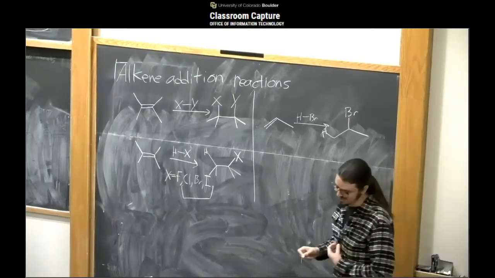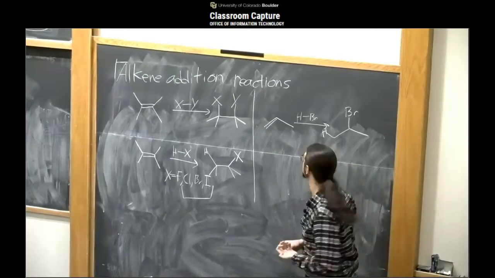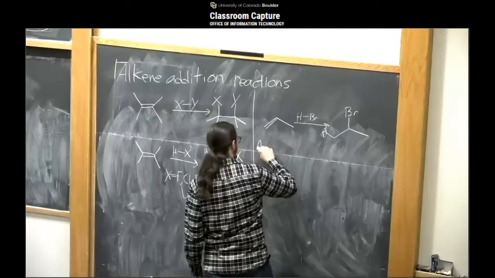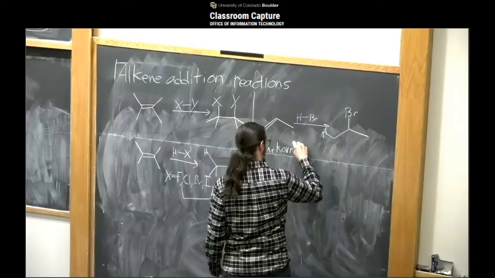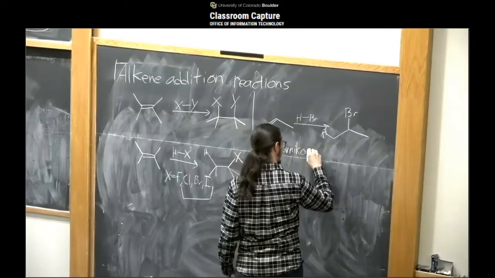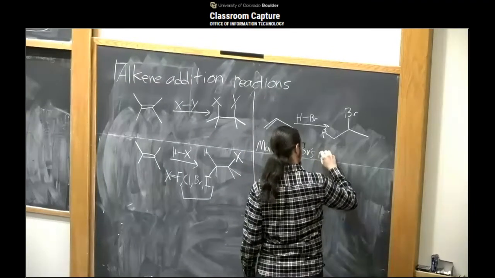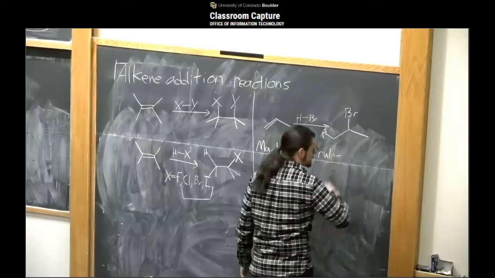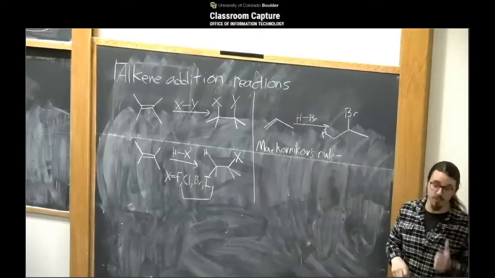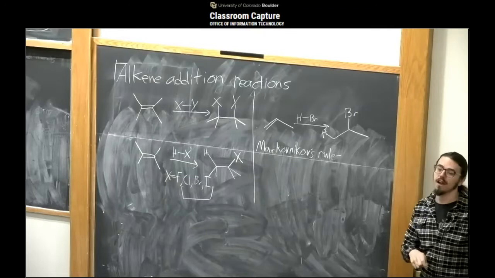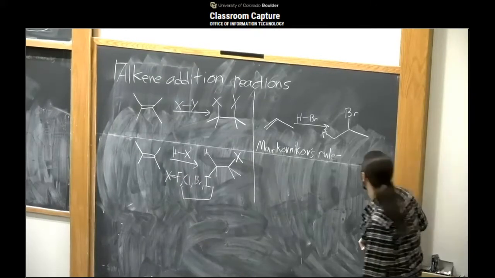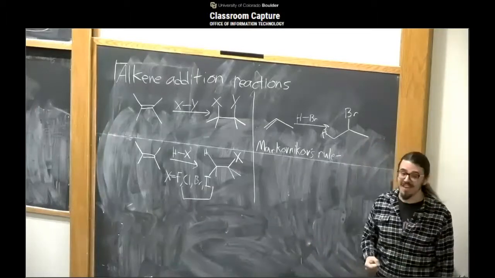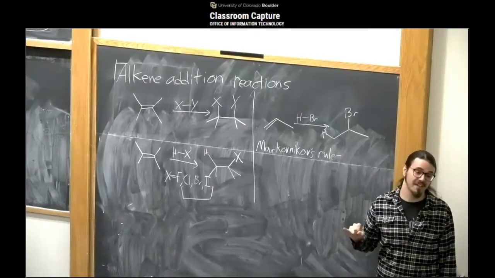This is an observation known as Markovnikov's rule. So Markovnikov's rule more or less states that if you're doing an addition reaction to an alkene, the non-hydrogen atom will go to the more substituted carbon in the alkene.